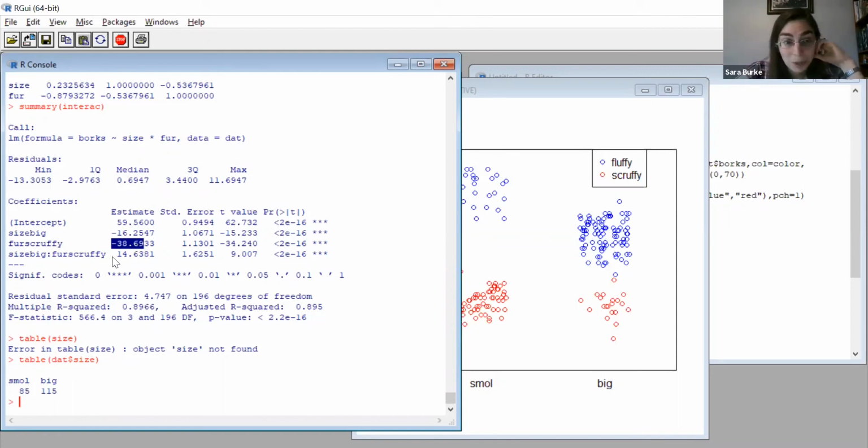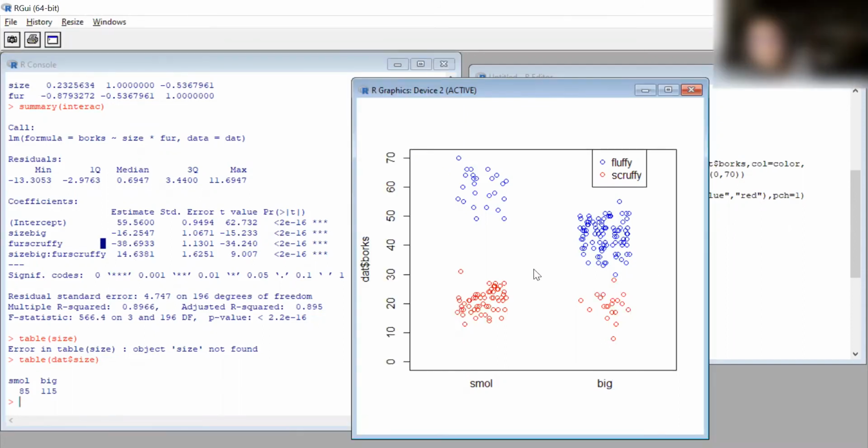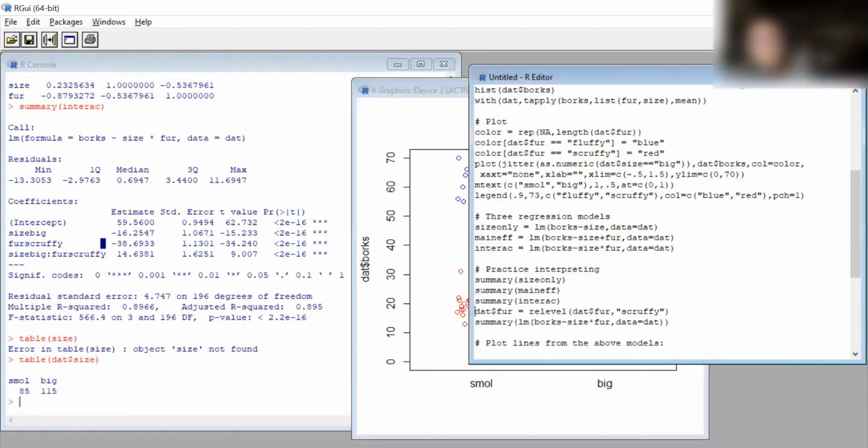And if we wanted to talk about big dogs, we would have to add the 14.6 to it. So the difference for big dogs would be negative 38.7 plus 14.6, which would mean that the slope would be weaker. The slope would be more positive by 14.6 points, right? Which brings it closer to 0 in this case. Well, that makes sense. That helps a lot.